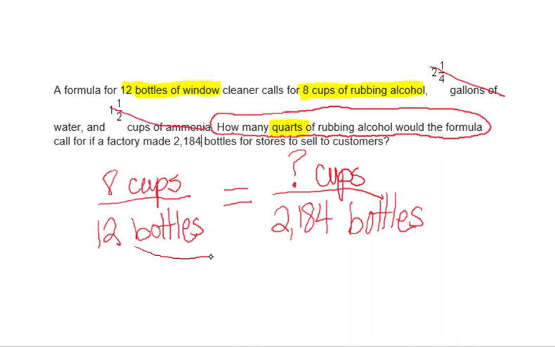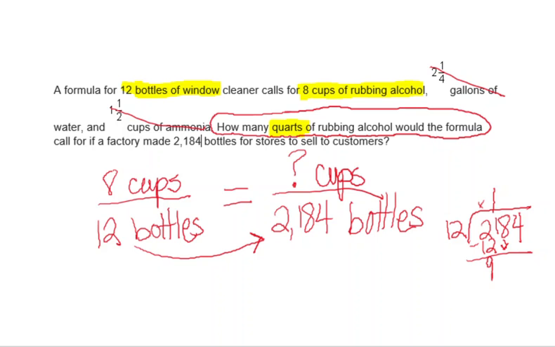So 12 times what is 2,184? I can come over here and divide 2,184 divided by 12. 12 doesn't go into 2. 12 goes into 21 one time. Multiply and I get 12. Subtract and I get 9.